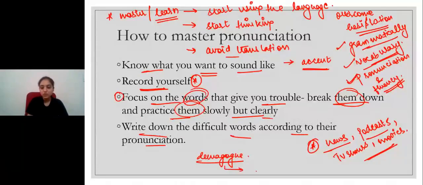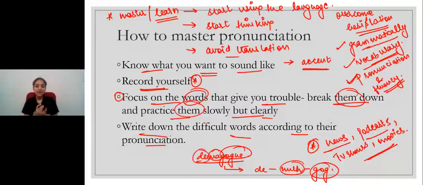You break down the word: de, ma, and gog. Notice you are using this word as gog. MA is being pronounced as MUH and de remains de. So break down the word into its constituent sounds.